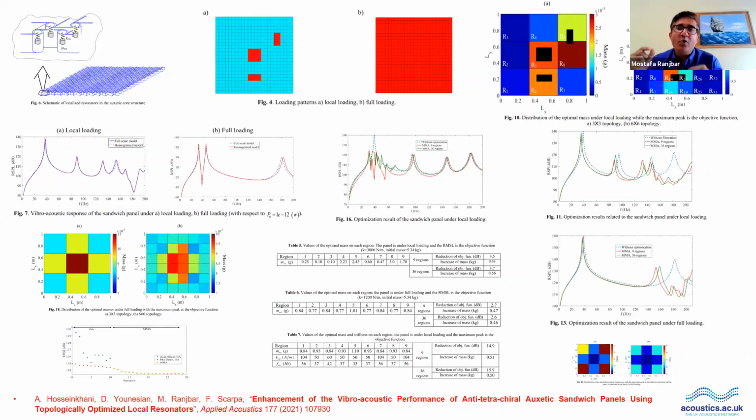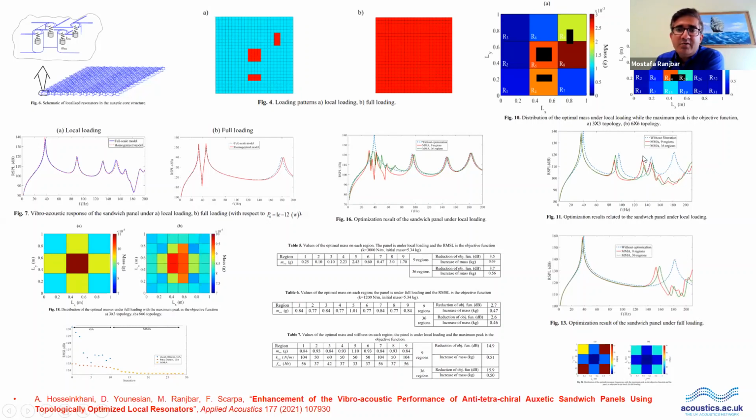And how about if we optimize the mass across this resonator, so that we can affect the vibro-acoustic performance of the sandwich panel? For example, how we can reduce the level of noise at a specific frequency by using a local resonator, like in this figure 13.